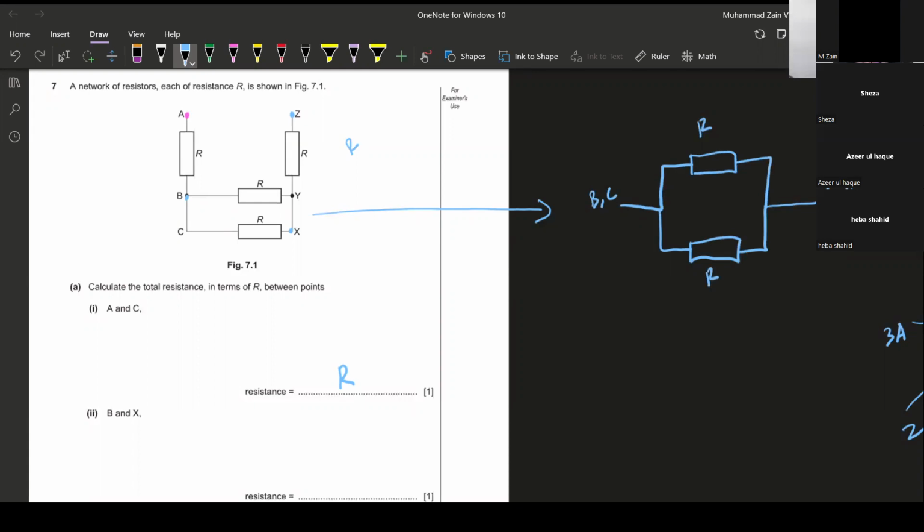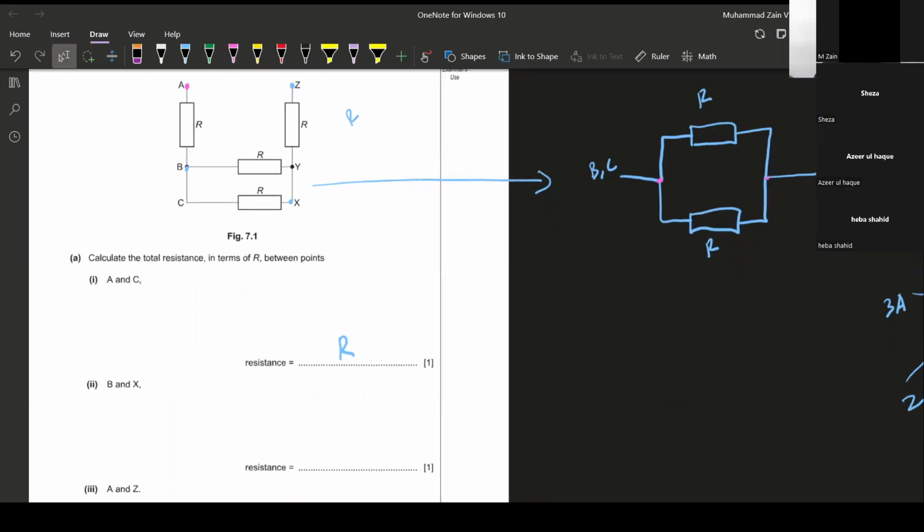The idea is that B and C are the same points and X and Y are the same points. We just drew them apart, but the circuit does not differentiate between point B and point C.